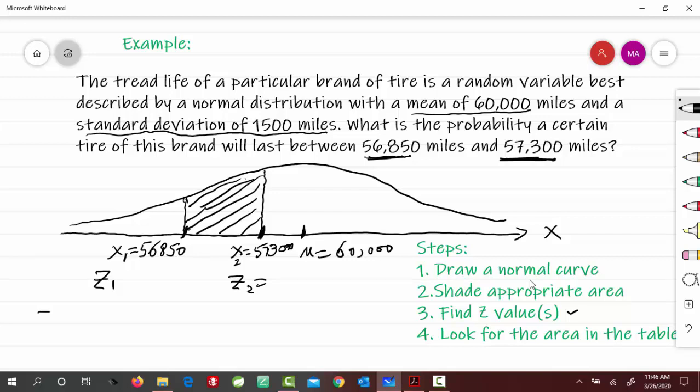So z1 would be x1 minus mu divided by sigma.